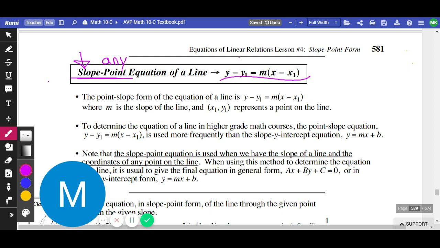When you're looking at that form, the y and the x that don't have numbers will always be the y and the x. All right? They're not going to change around. The ones that have the little number under it, it's this guy and this guy.